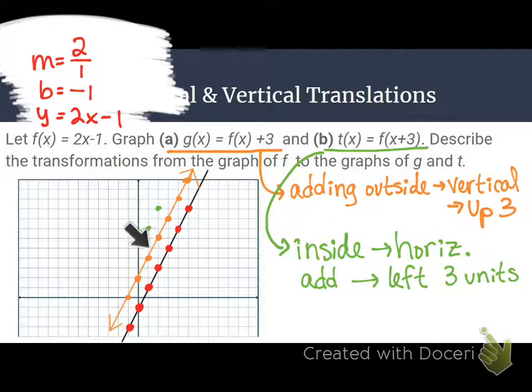Start at a red point, go left 3. 1, 2, 3, and of course we don't necessarily need to do every single point. We have plenty of points to be able to see our line. But we move all the points left 3, and that is going to give us our line for part B.